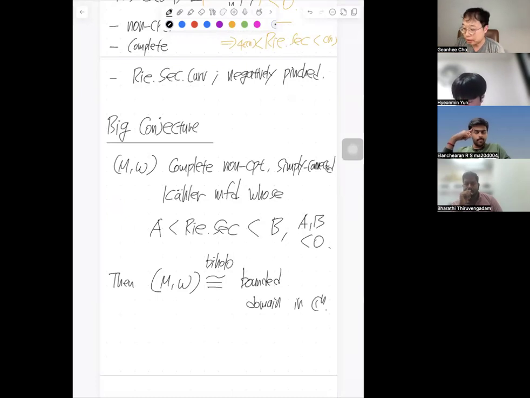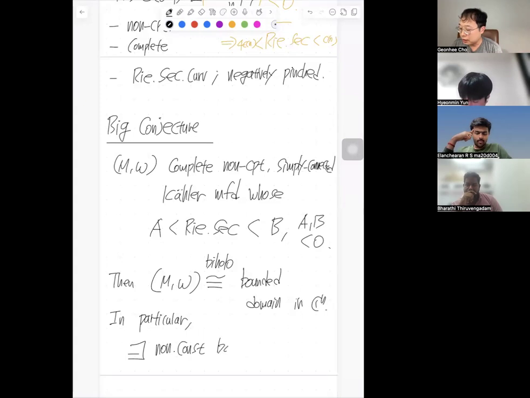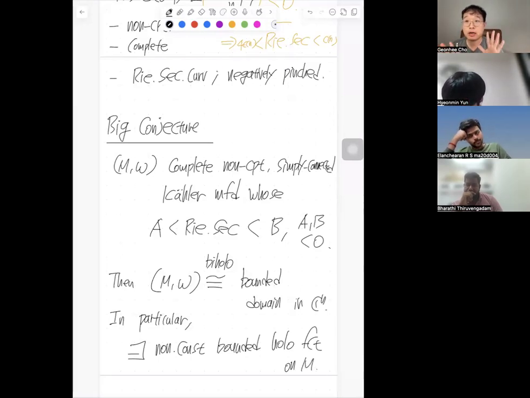Then what does this particularly mean? In particular, there exists a non-constant, bounded, holomorphic function on M. Because if this is biholomorphic to a bounded domain, then the projection is a holomorphic map.